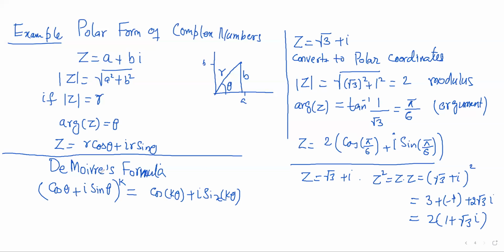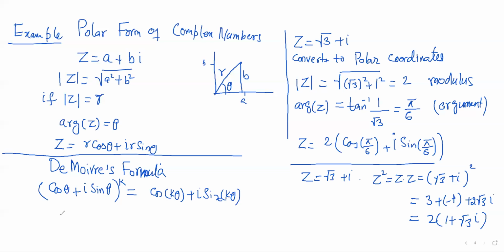Or if we apply this formula for the polar situation, because it is of this form, (cos theta plus iota sine theta) power k, with k equal to 2, it will be cosine of 2 times this plus iota sine of 2 times this.